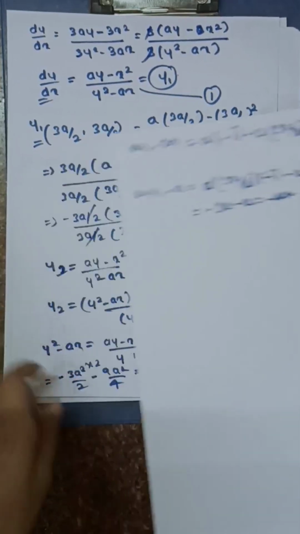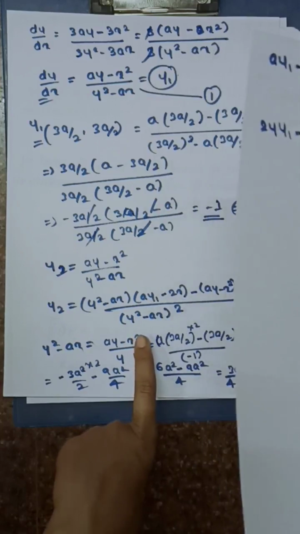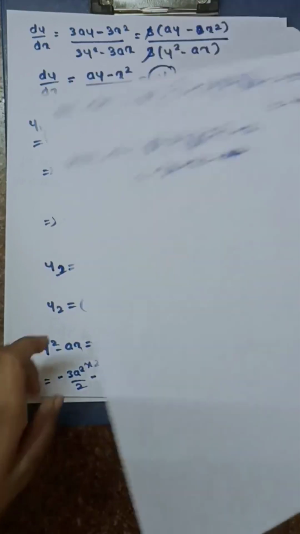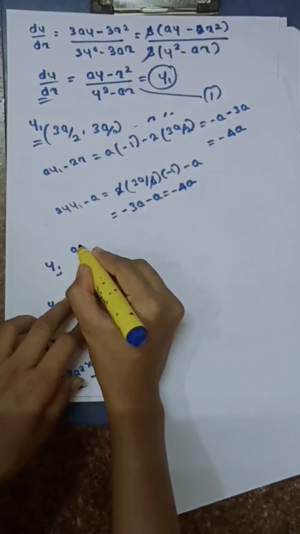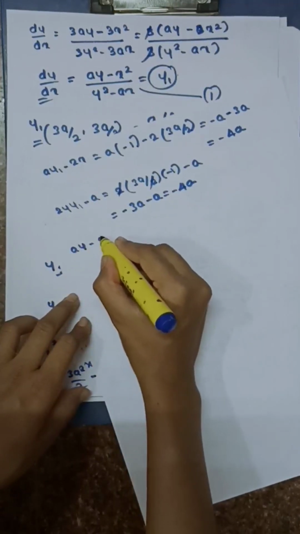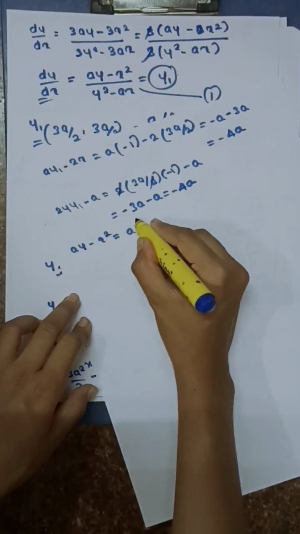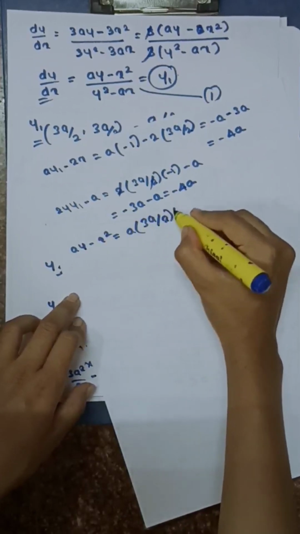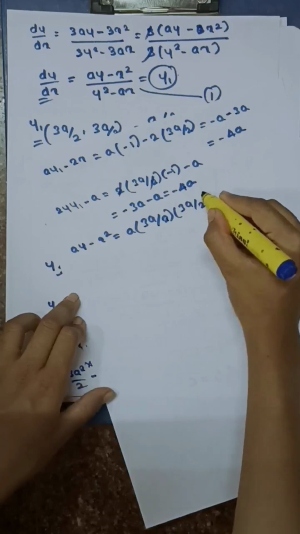Now we need the value of ay minus x square. Keeping a as it is. So value of y is 3a by 2, 3a by 2 whole square.